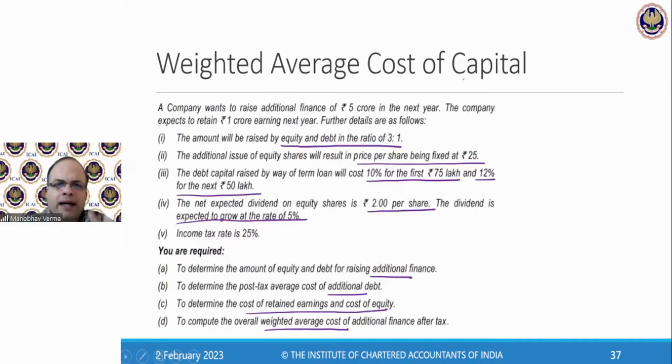Let's start by understanding this, because we just studied marginal cost of capital and we all know that beyond a point, the cost may change. How much of the debt we need and how much of the equity will be needed? I'm just waiting for the answers from all of you.